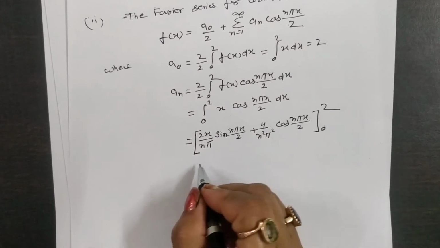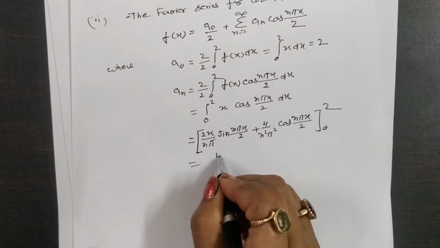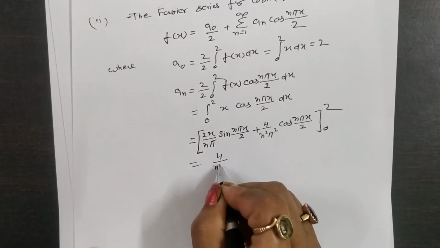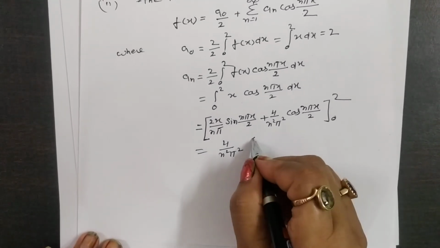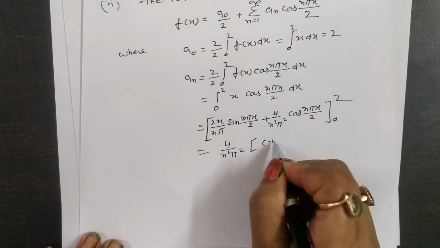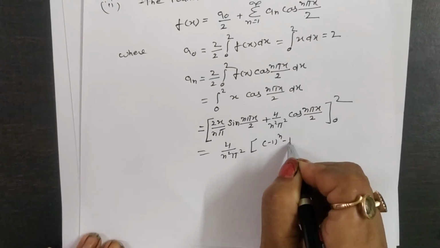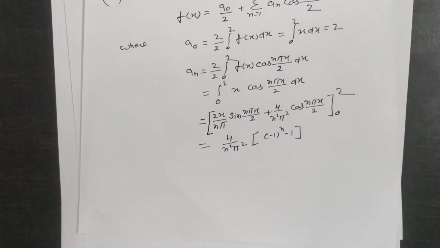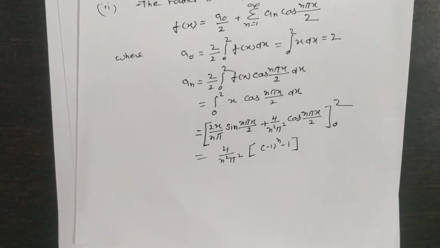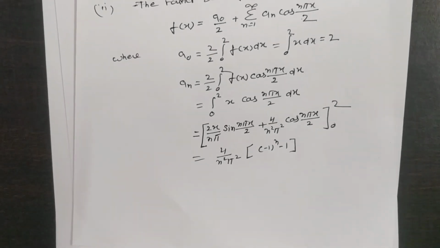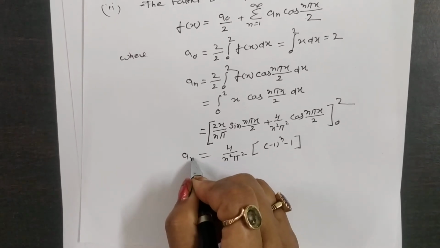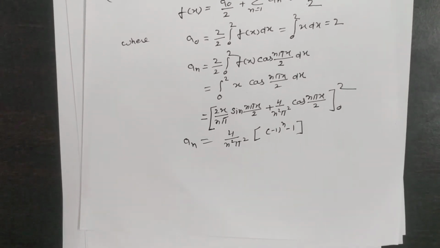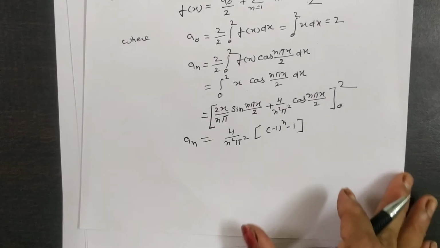So you get the value 4 by n square pi square times (minus 1 to the power n minus 1), because you get all the values of cos(n pi). Similarly, this is a_n, so you can calculate a0, a1, a2 and so on.